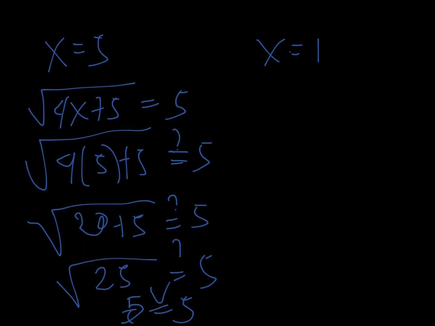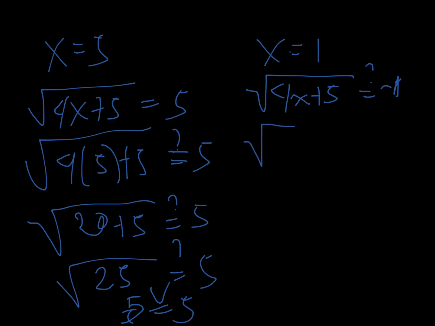Next, how about this one? Let's try to check this. The square root of 4x plus 5 is equal to x, with x equal to negative 1.